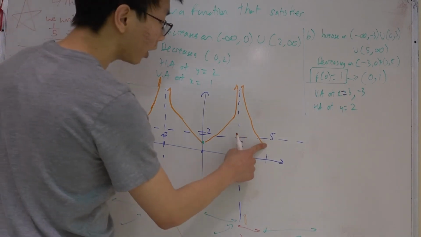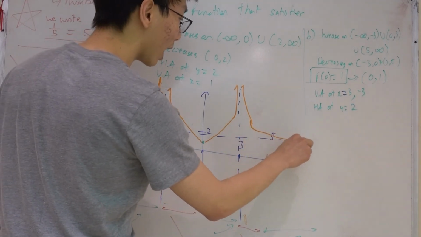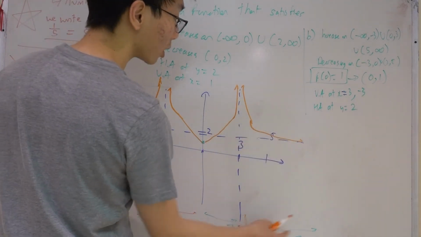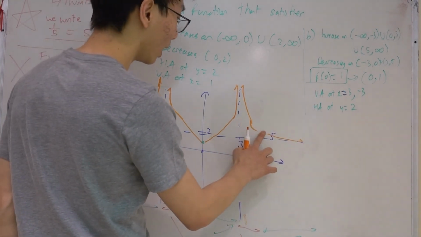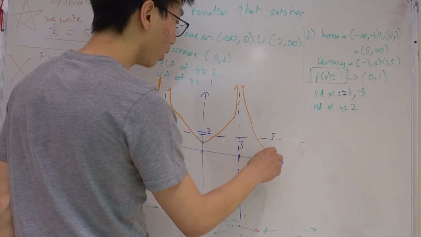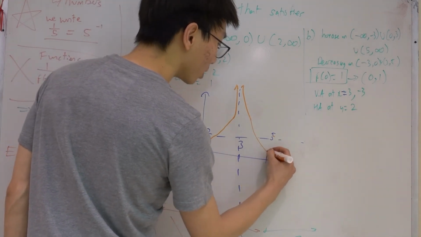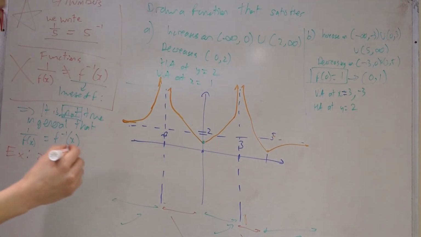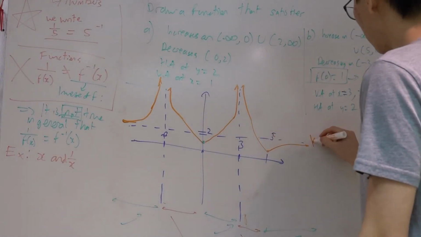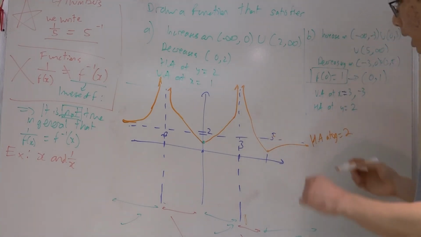Notice I had to drop below this line, because if I did not, I would have to do this, and here I'm decreasing. I was supposed to be increasing. So I need to be below the horizontal asymptote. So go below it, and then as soon as I touch 5, I'll start going up again. Okay, just like that. This way we have our horizontal asymptote at y equals 2, and our vertical asymptotes, check.